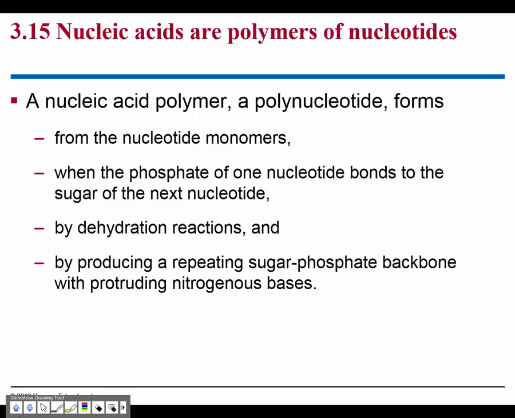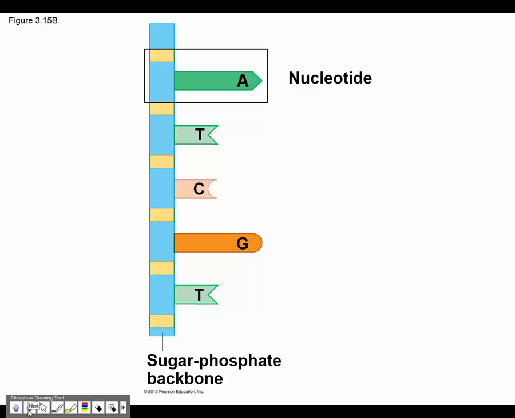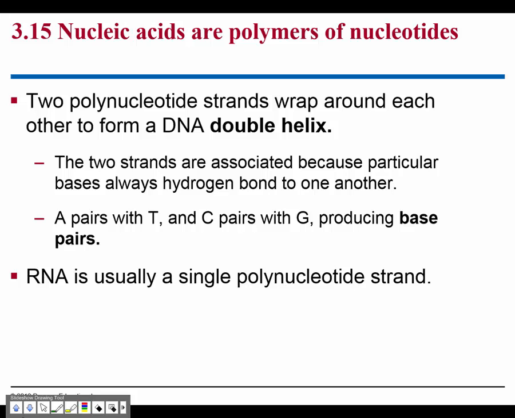So you get that double helix backbone, and you have your protruding nitrogenous bases in the middle. There's your backbone, and there's your bases. And that's put together by that dehydration synthesis.